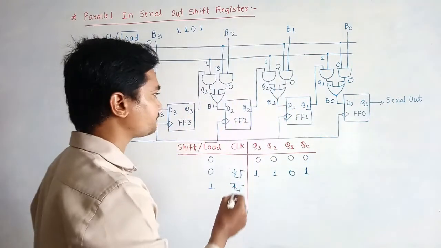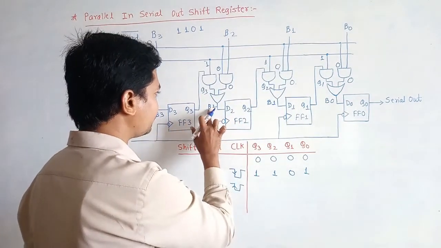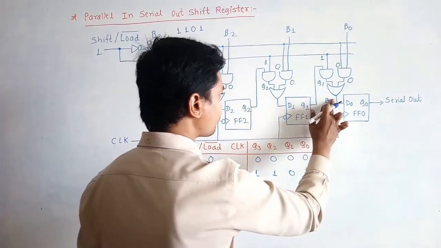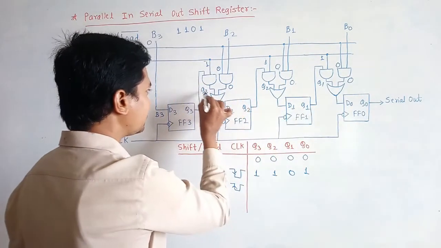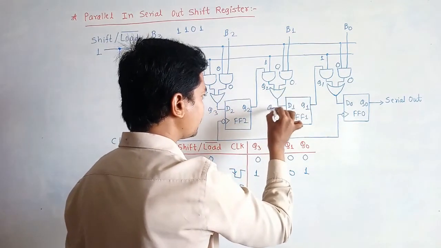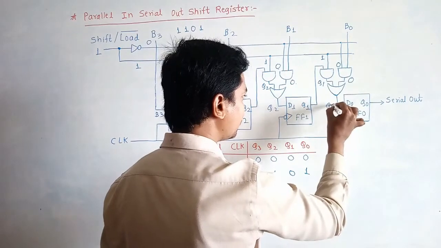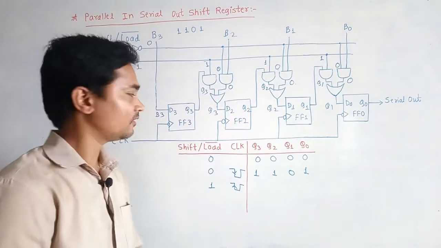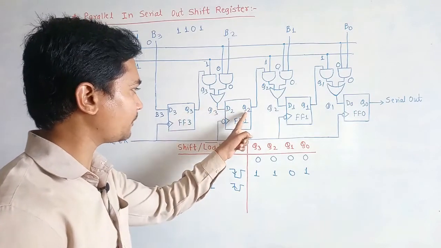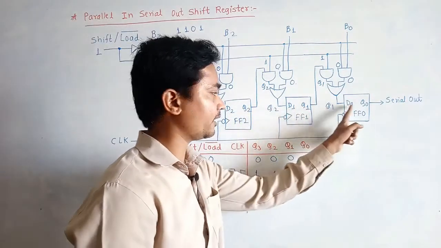Now instead of B2, B1 and B0, what will we get? 0 OR Q3 will be Q3, 0 OR Q2 will be Q2, 0 OR Q1 will be Q1. That means this Q3 is applied to D2, this Q2 is applied to D1 and this Q1 is applied to D0.